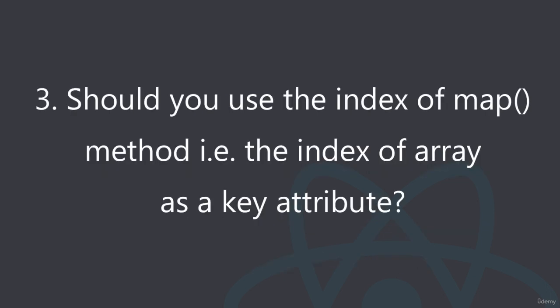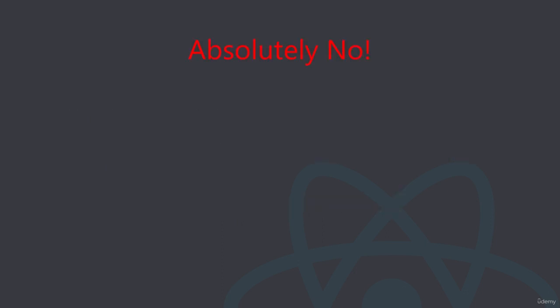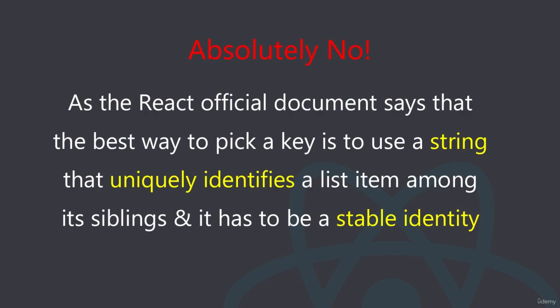The next question is, should you use the index of the map method, that is the index of the array, as a key attribute? The answer is absolutely no. As the React official document says, the best way to pick a key is to use a string that uniquely identifies a list item among its siblings, and it has to be a stable identity.